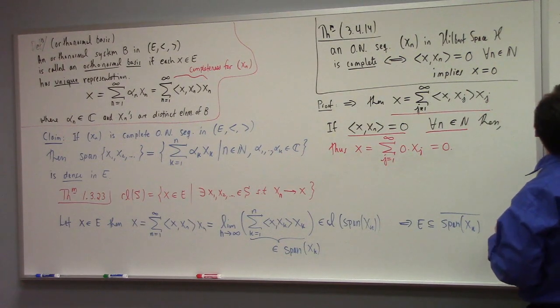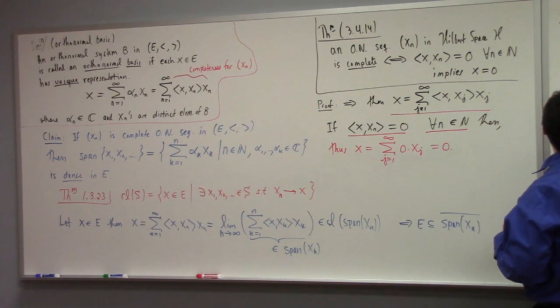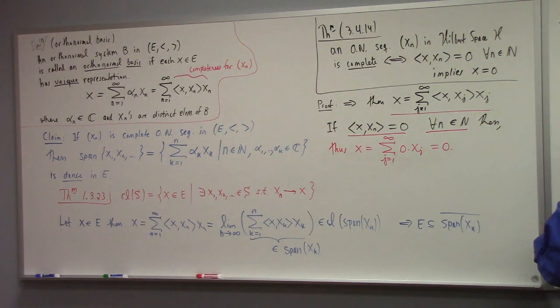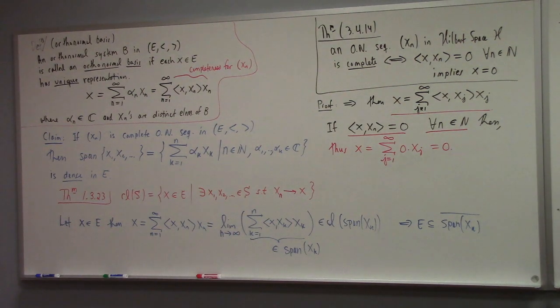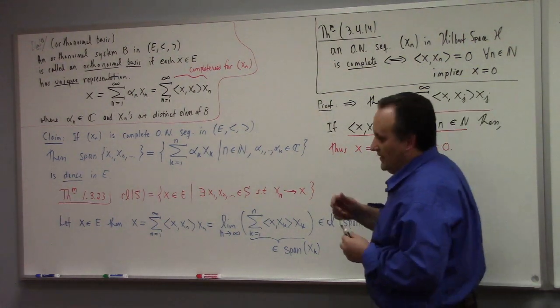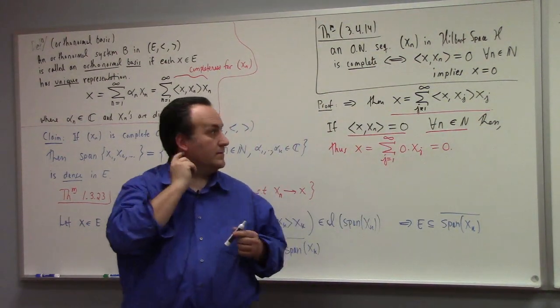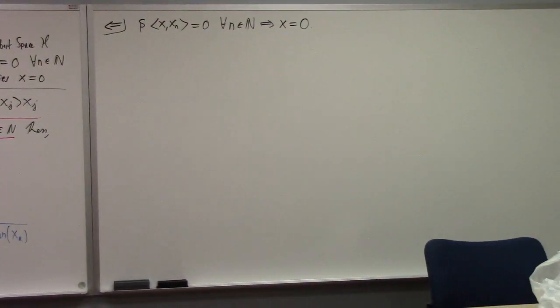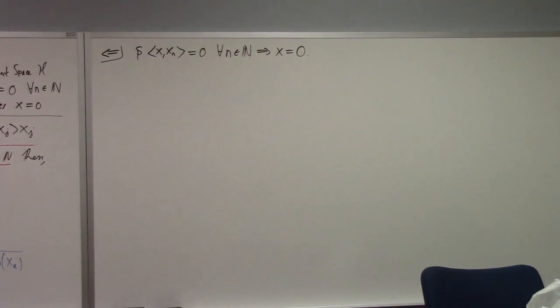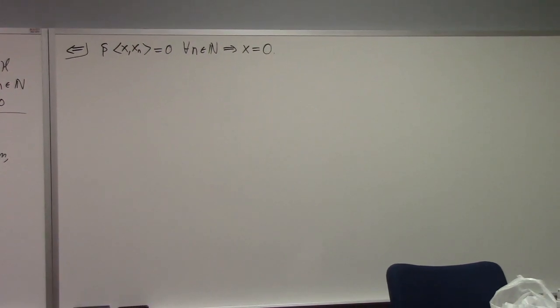So let's suppose the inner product of x with xn equal to 0 for all n implies x equal to 0. We'd like to show that implies completeness. We want to show that is a sufficient condition to get completeness of the orthonormal sequence.